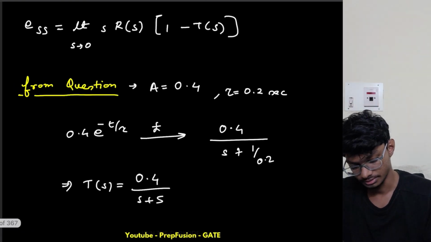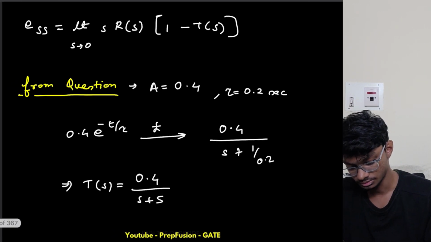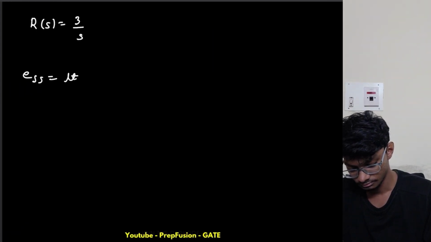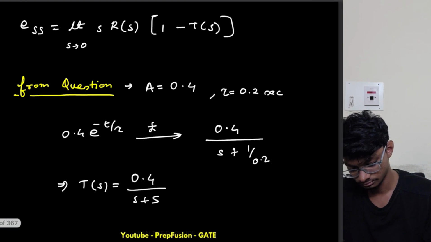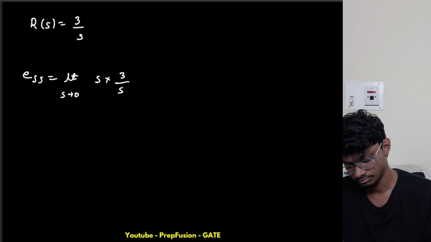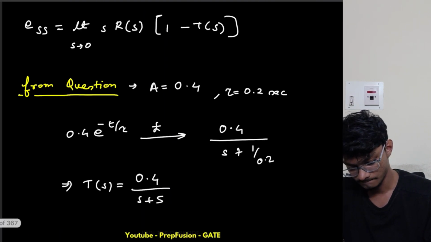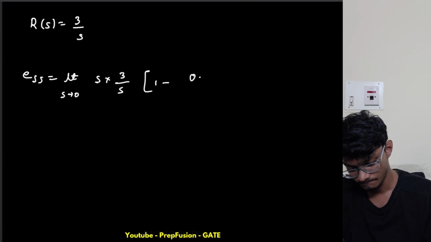R of s is 3 by s. Okay, so what is my E steady state? E steady state equals to s plus 5.